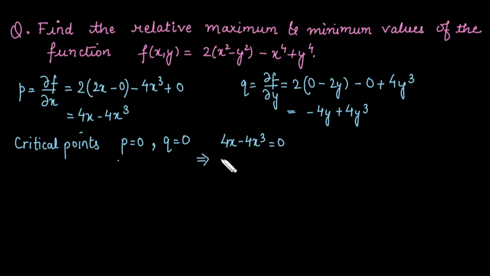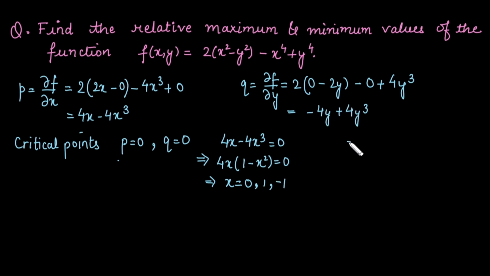This is further written as 4x times (1 minus x squared) equal to 0. From here, we are getting 3 values of x: x is equal to 0, and from here, x is equal to 1 and minus 1.